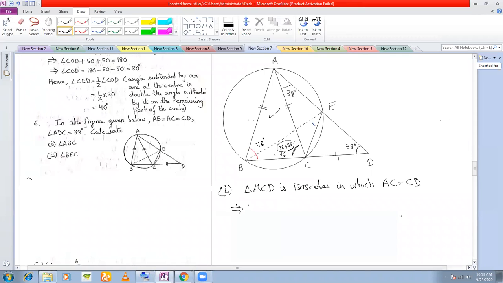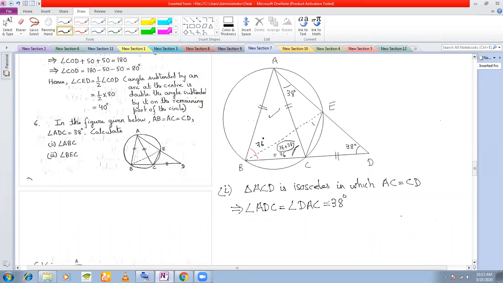That means angle opposite to AC is which angle? Angle ADC. And opposite to CD is which angle? Angle DAC is equal to 38 degrees.